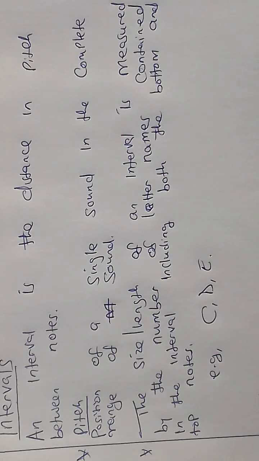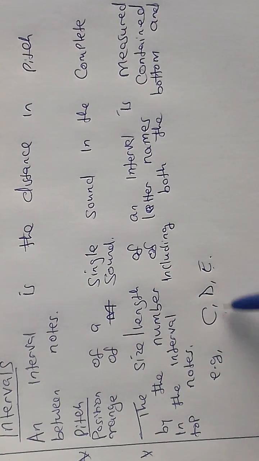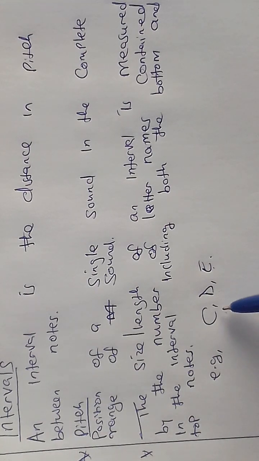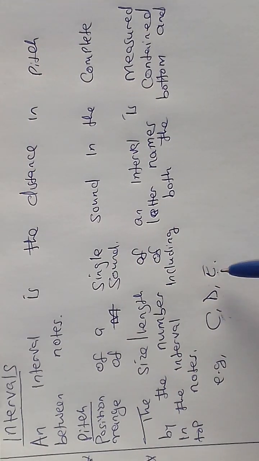For example, we can have an interval of C D E. This interval is a third because we are including both the bottom note, which in our case is C, and the top note, which in our case is E. Remember we said the higher the note is placed on the staff, the higher the pitch or sound.